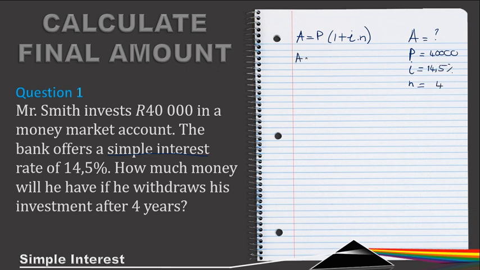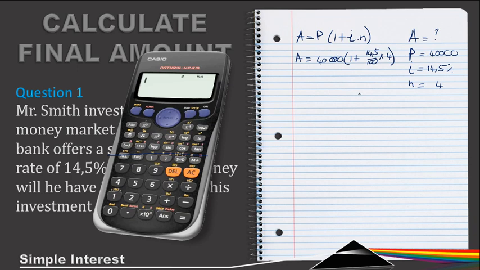So A is equal to, we have 40,000 and then 1 plus the interest is 14.5 over 100 and times by 4 for the years. Let's calculate that. So we have our 40,000 and then times by the 1 plus 14.5 over 100.